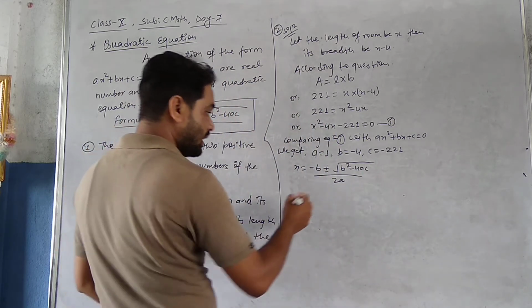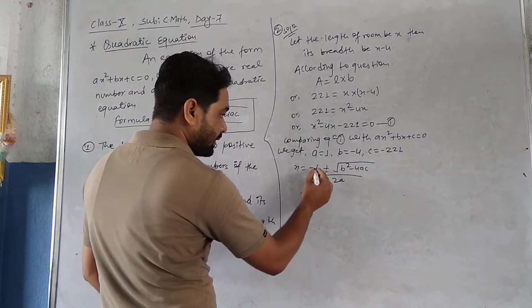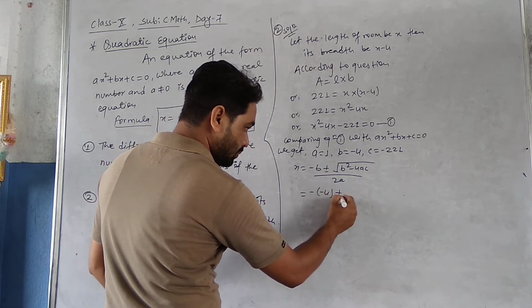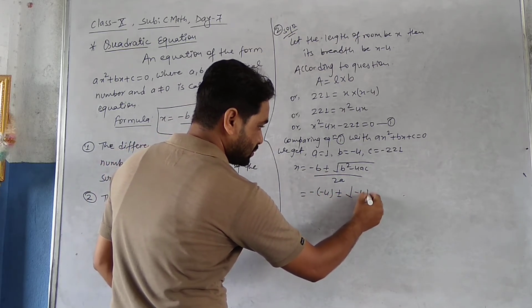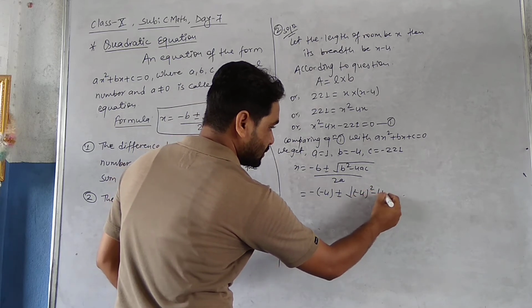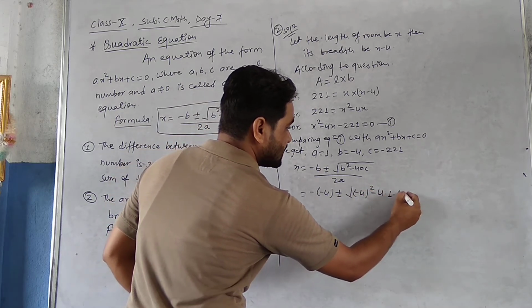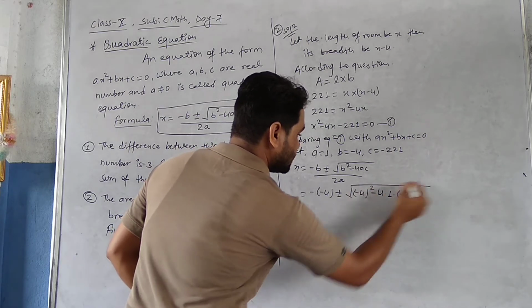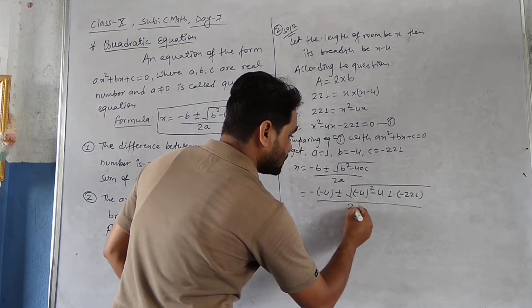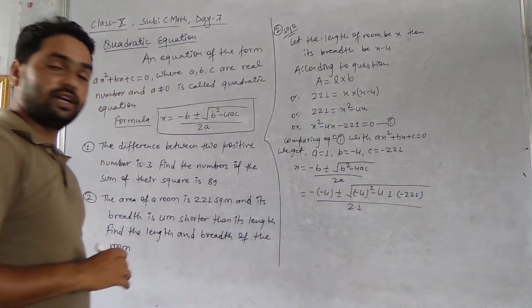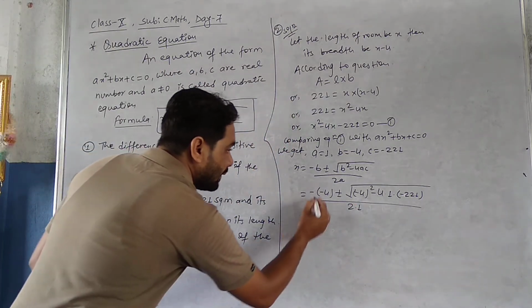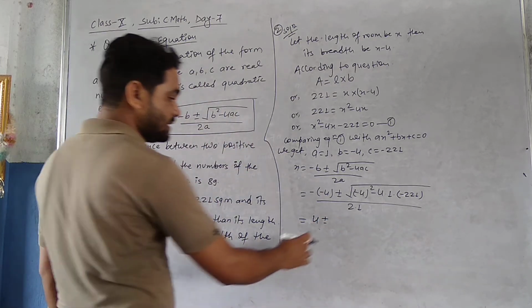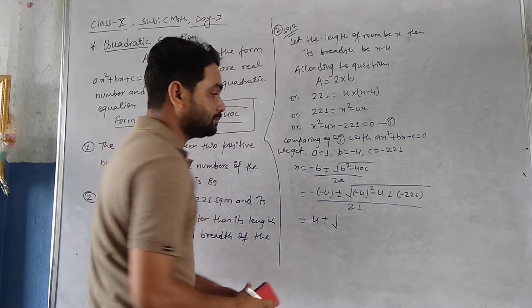This is the formula, and let's put in the values. Minus b is minus of minus 4, so 4 plus minus root of minus 4 square minus 4 into a, which is 1, into c, which is minus 221, upon 2 into 1.